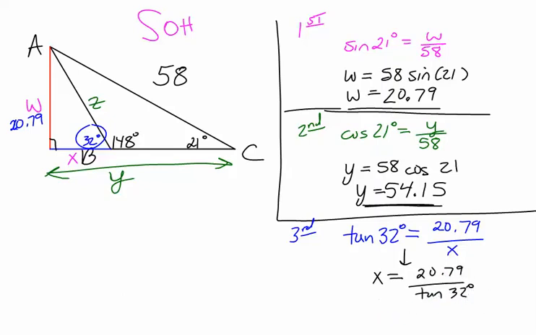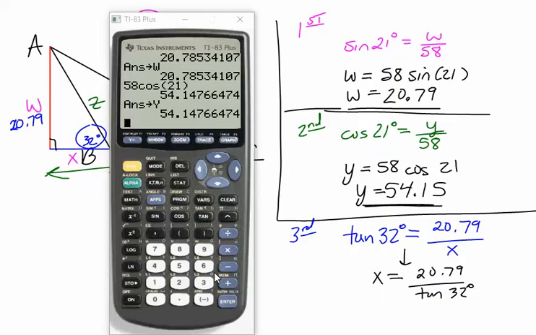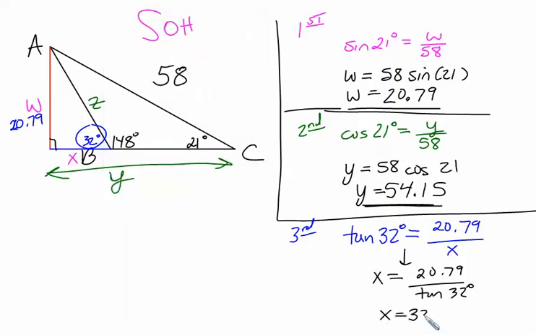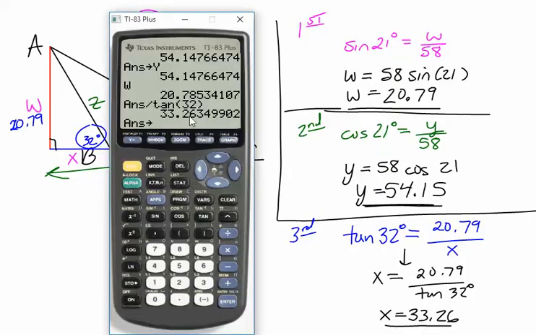Go back to our calculator, and we're talking about W. So if I go alpha W, it'll get that full decimal up there for me, and then we can hit divide by tangent of 32. Hit enter, and there it is, 33.26. So x is 33.26. And what we can actually do on our calculator is we can store that value as x.